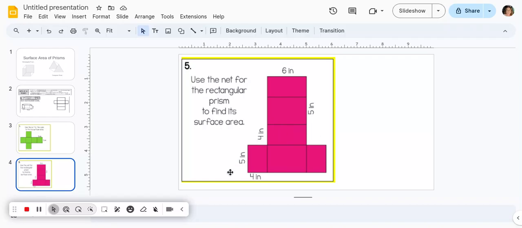Okay. So this one is not a cube. So we do have to figure out what all of our measurements are. Again, what we know about rectangles is opposite sides are equal. So if this one is 6, that means this is 6. That means this side is 6. This side is 6. And this side is 6.